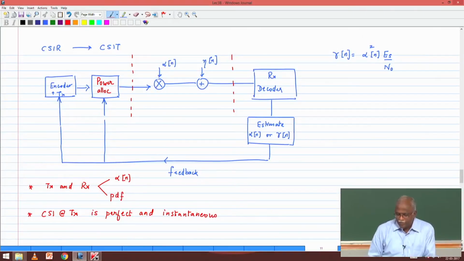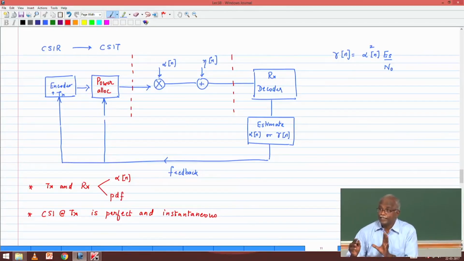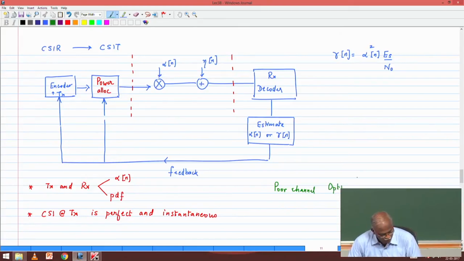Basically, if this is the framework under which we are assuming, then here are the possible options that the transmitter can take if it notices that there is a bad channel. If you look at the situation of a poor channel, here are the options. Option 1, it can fix the rate.